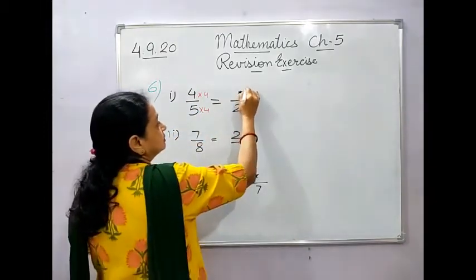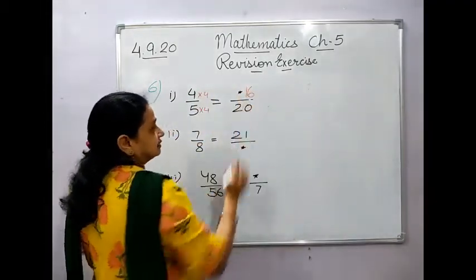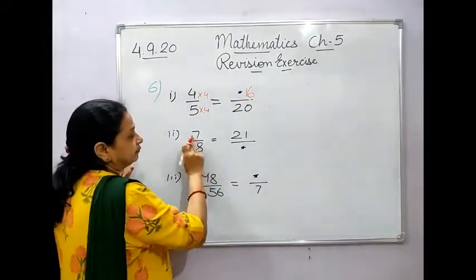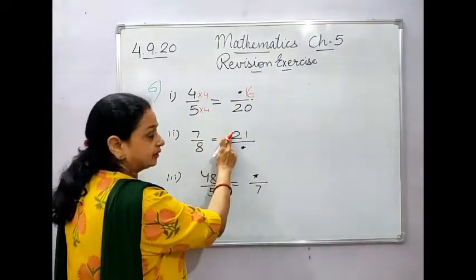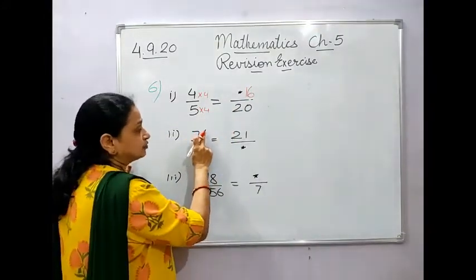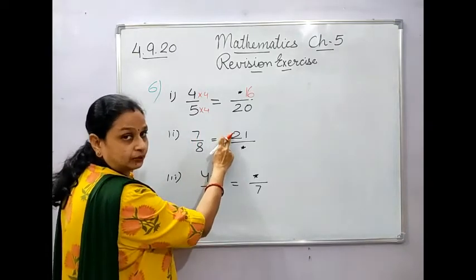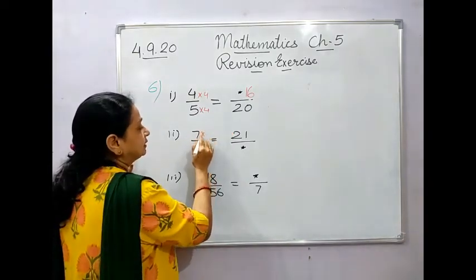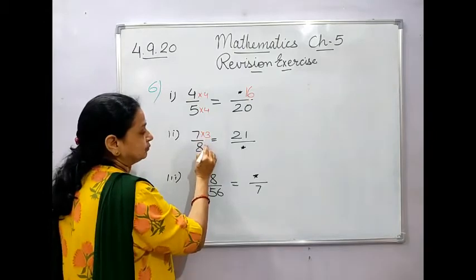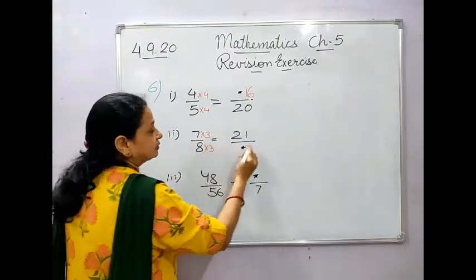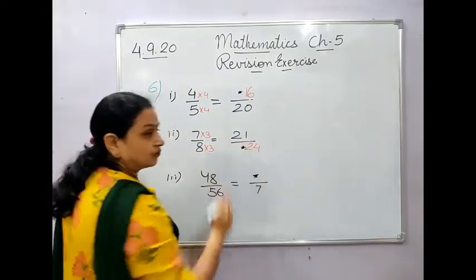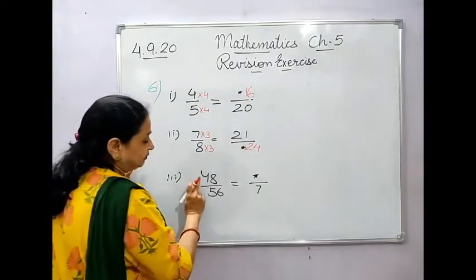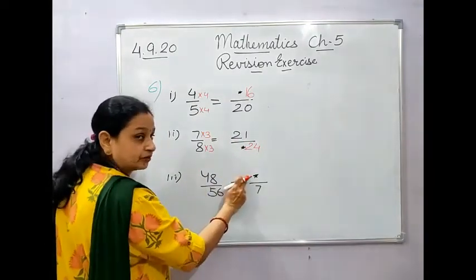So 4 4s are 16. Similarly, 7, this is bigger, 21, this is smaller. That means we have multiplied something to get 21. And what is that? It is 3. That means it should be multiplied by 3. 8 3s are 24.